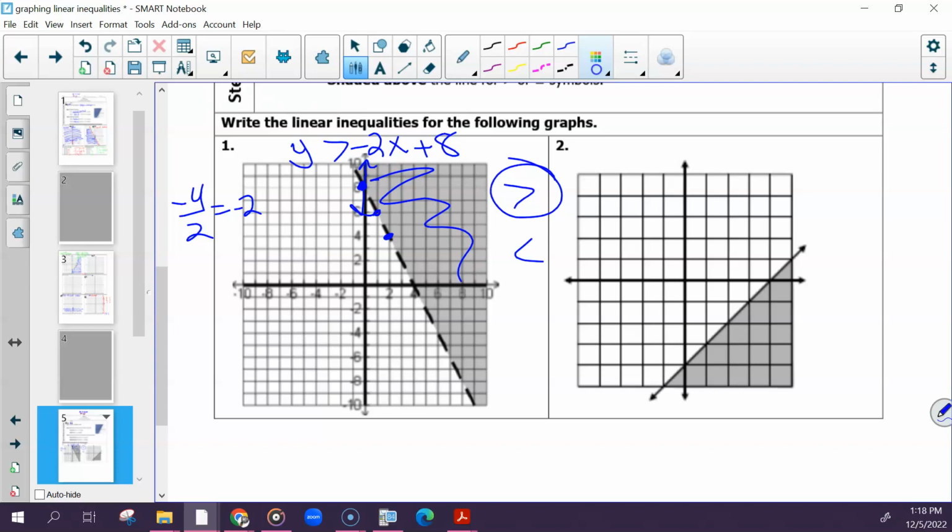So if I go down 2 to the right one and I keep doing that, does that pattern follow? If it does, then that is for sure your slope. If you start to do that and your line is veering off from the points you're making, that's probably not your slope. So just be careful with that.